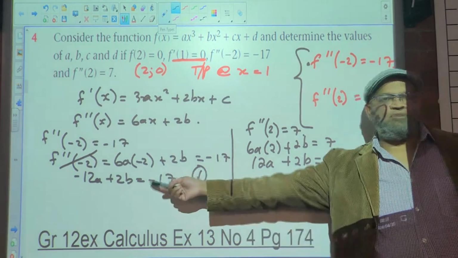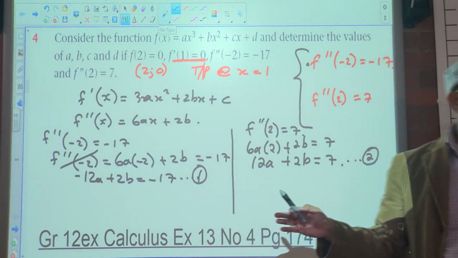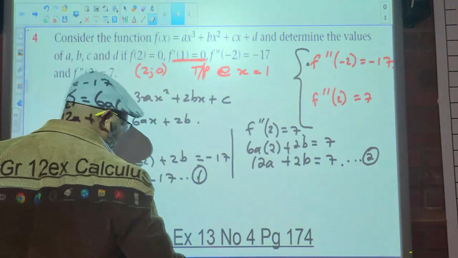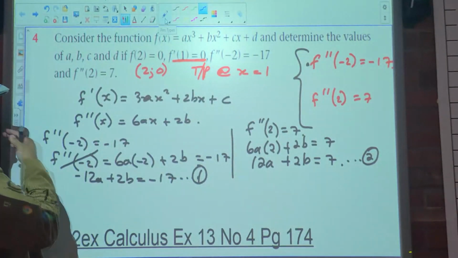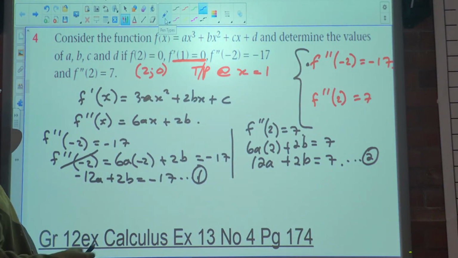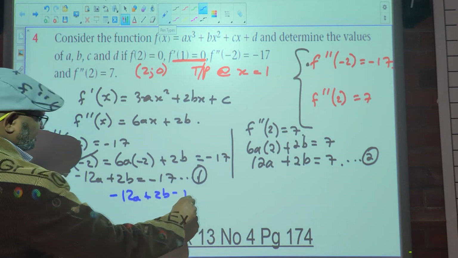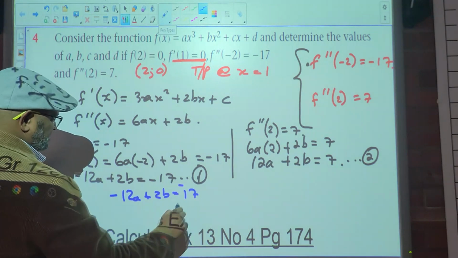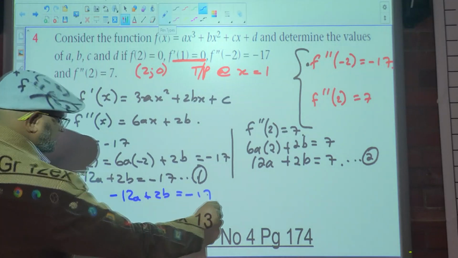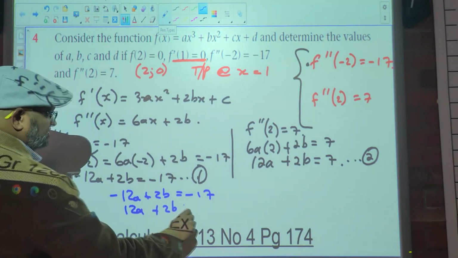Now I can go with making b the subject of the formula in either case, and then working with fractions. Or I'm going to do what I was taught in grade 10, which is simultaneous equations by elimination. As you can see, both are linear equations here. So it's going to be negative 12a plus 2b equals negative 17. Put the other one below, which is 12a plus 2b equals 7.